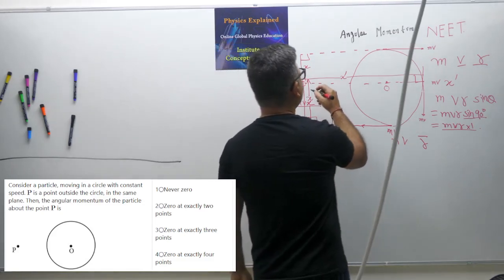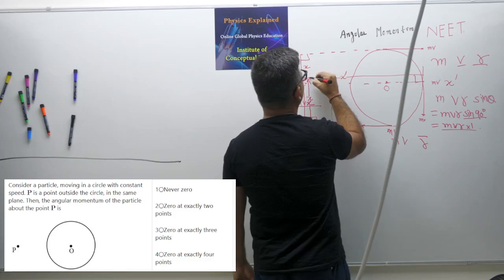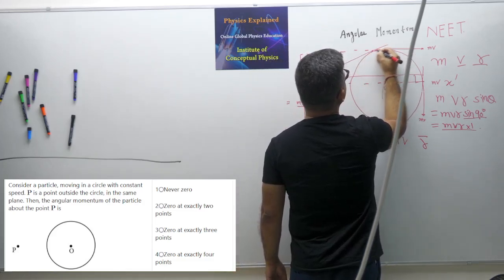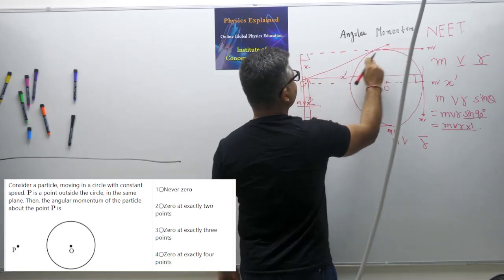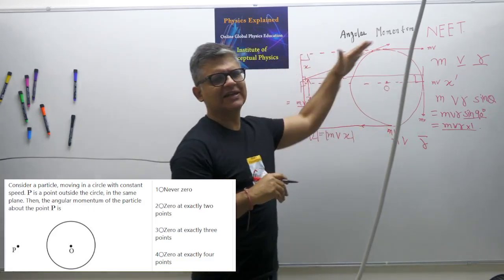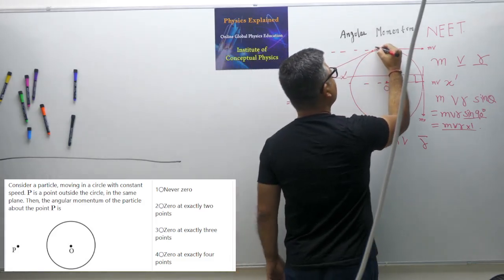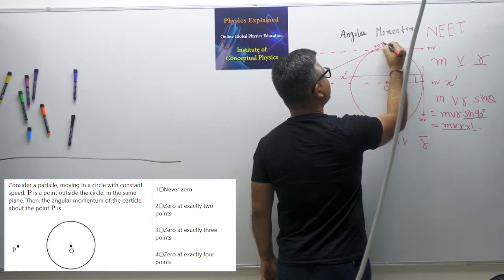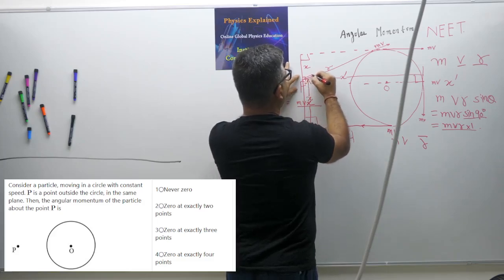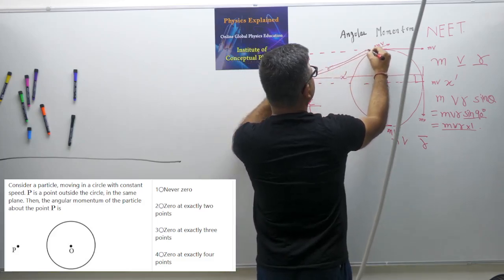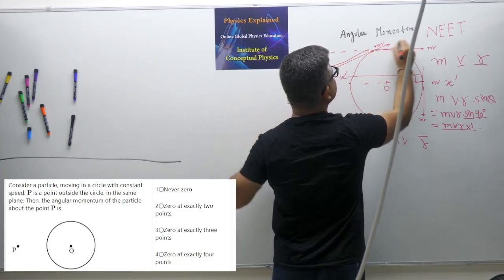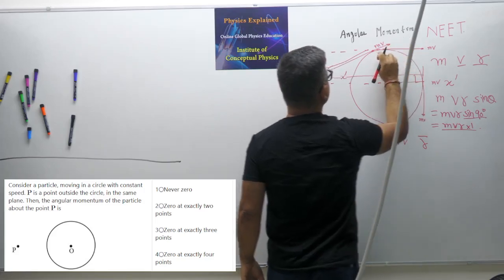If I draw a tangent from here like this, assume this is a tangent, this is my R and my velocity is also along the tangent. So assume that my momentum at this point is in this direction and this is my R. You can see the R and the linear momentum are in the same direction.